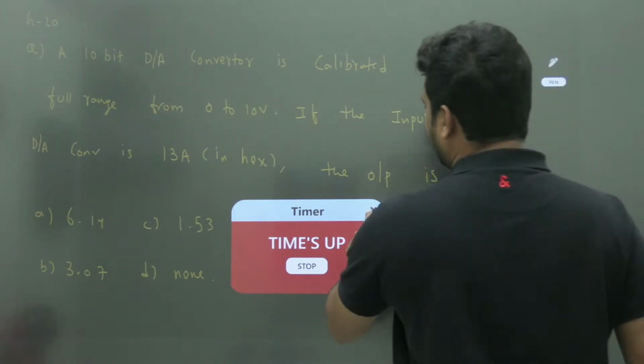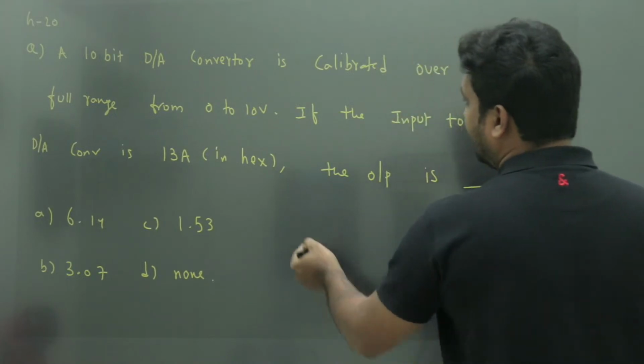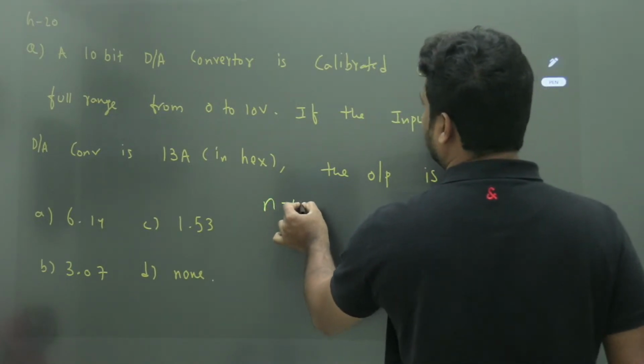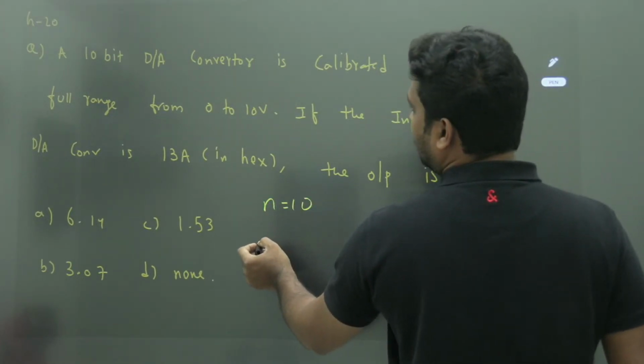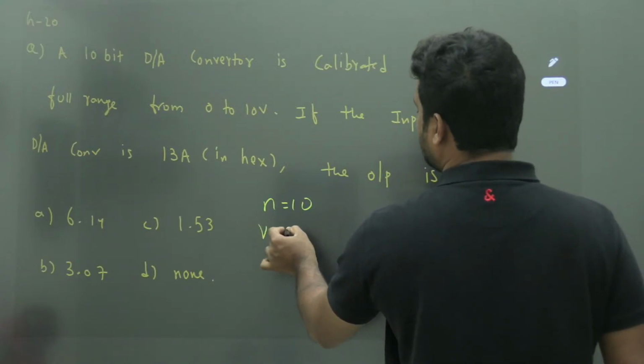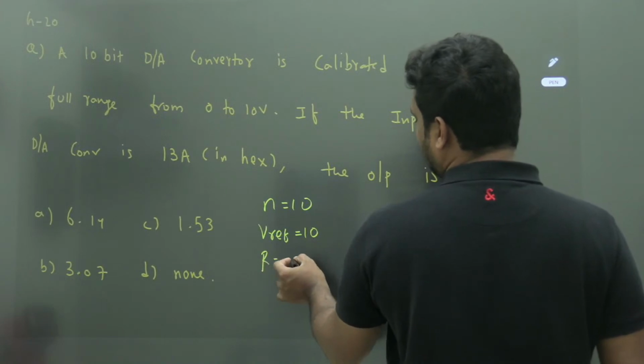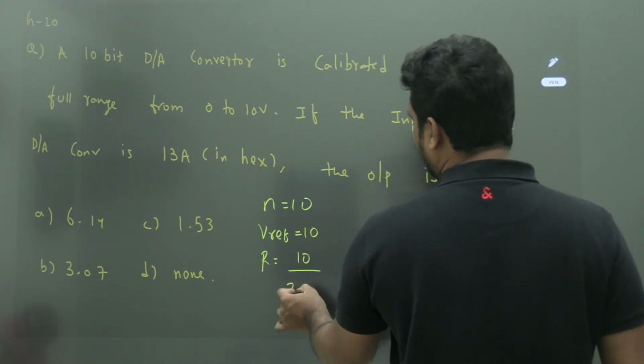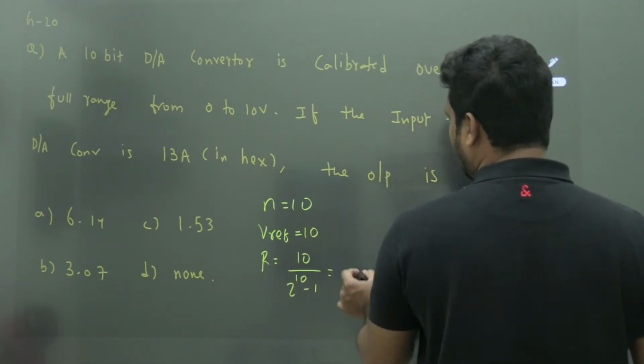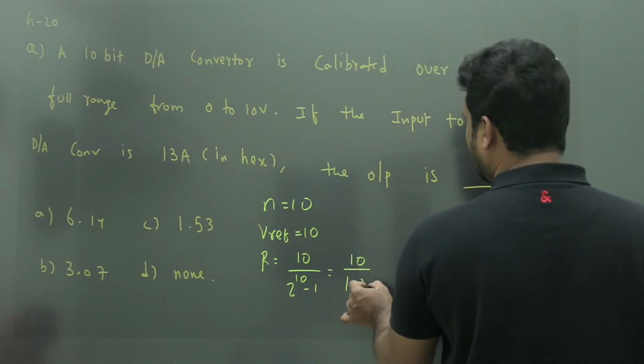So here n equals 10, and V reference is also equal to 10. Resolution is equal to 10 by 2 to the power of 10 minus 1, that is 10 by 1023.